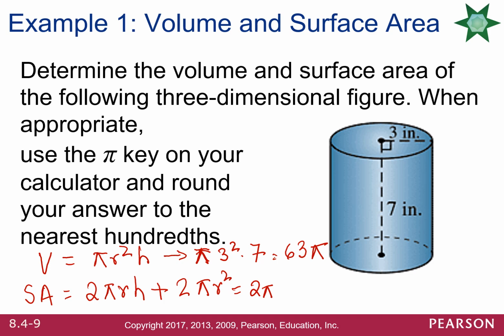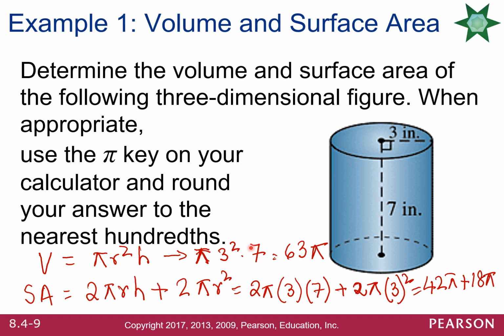So let's write it like this, 3 times 7 plus, 2 pi r squared, let's do it step by step. So 2 times pi, and then r is 3 squared. So 7 3s are 21 times 2, 42. 42 pi plus 3 squared is 9, 9 times 2, 18 pi, whatever that evaluates to, would be the answer for the surface area.